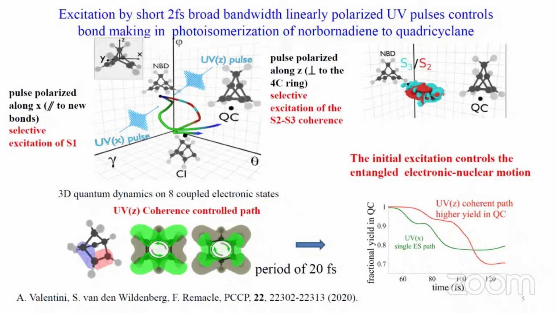And so this period is commensurate actually with the CC vibrational period, and this seems to control the fact that we get a higher yield in quadricyclane compared to another pulse where we polarize parallel to the new bonds and where we just excite S1 and get the typical non-adiabatic single electronic state dynamics.